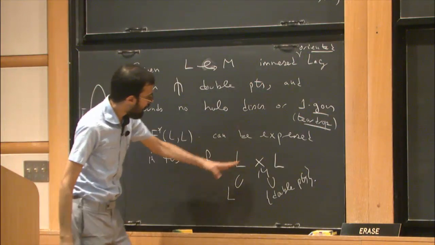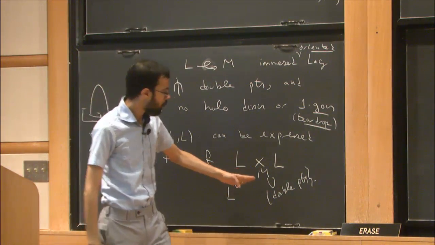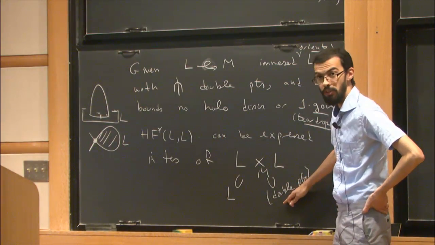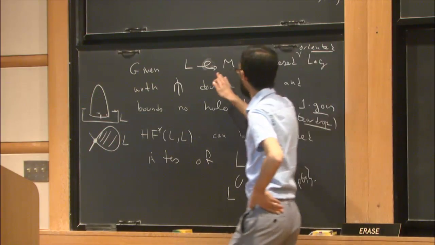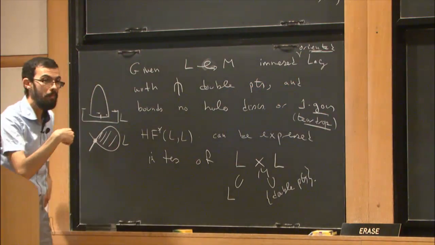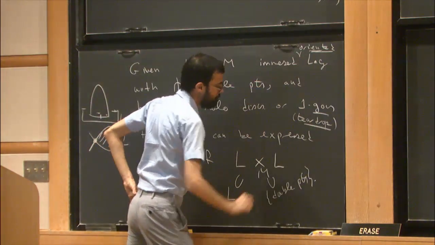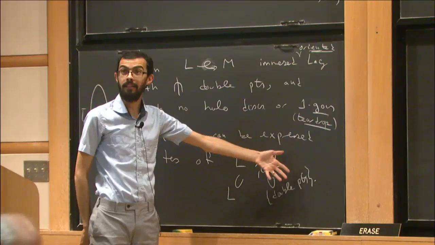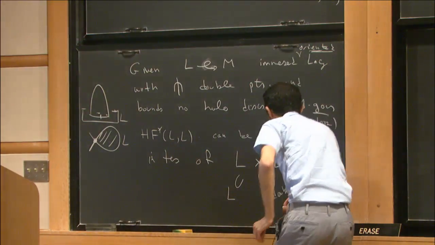So there's L, and then there's the double point. The only thing that I want to point out is that for the double points, because I assumed that my L up here should be oriented, we have some kind of assignment of a plus and a minus to the double points.